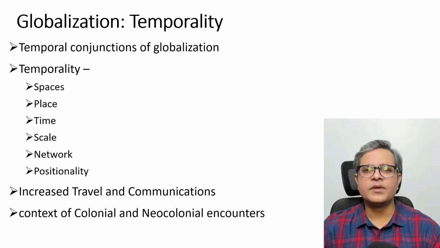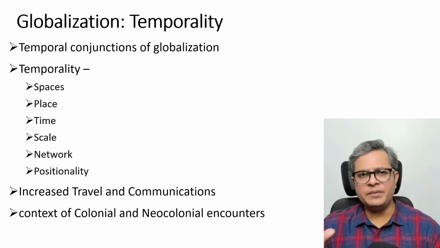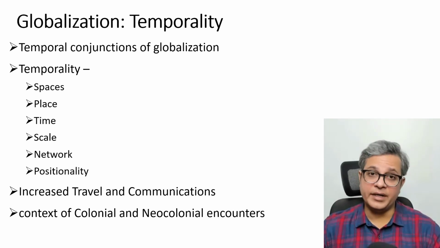Place. Now, there is a difference between space and place. Place means the specific locations where social interactions and activities are taking place.